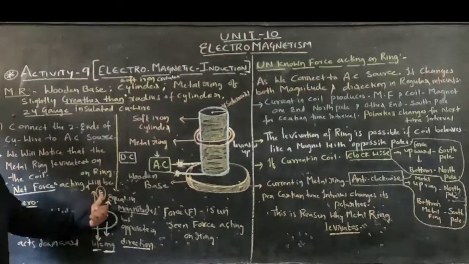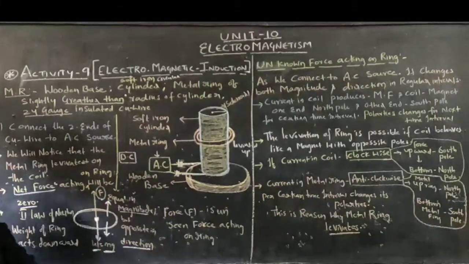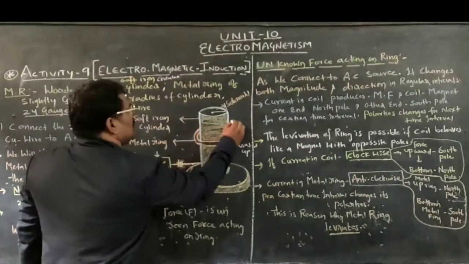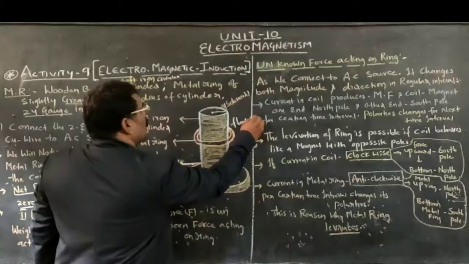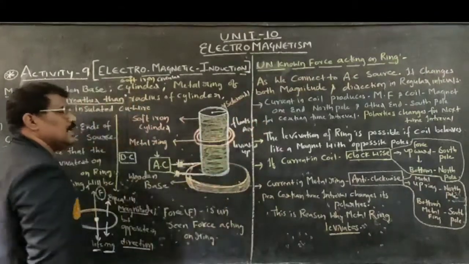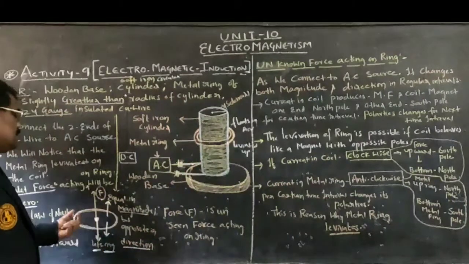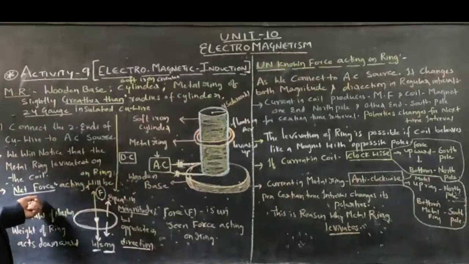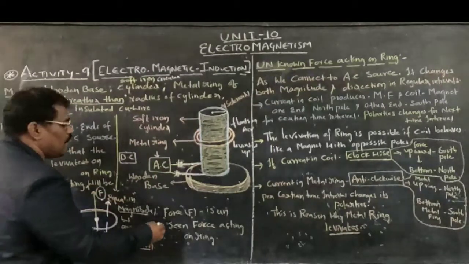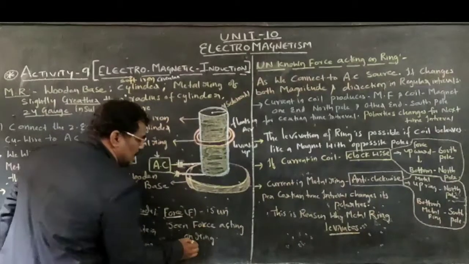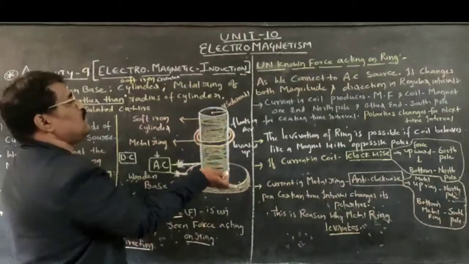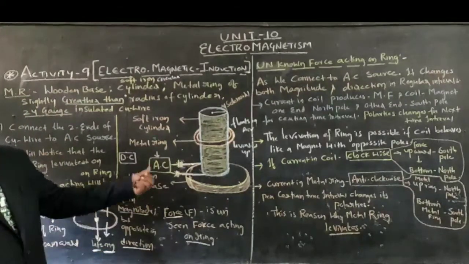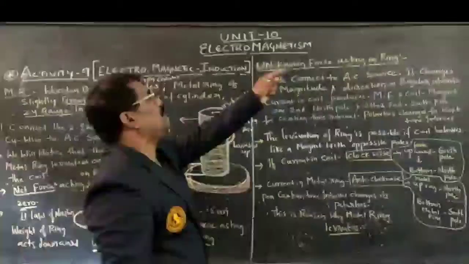Due to that, the ring is levitated and floats in air as the net force is 0. Now we are going to identify what that unknown force acting on the ring is.